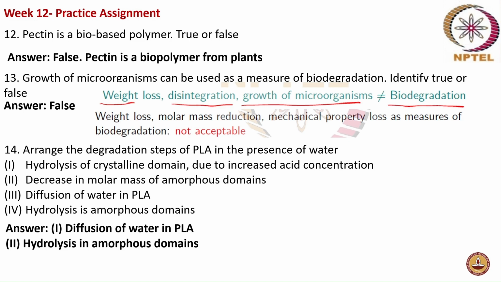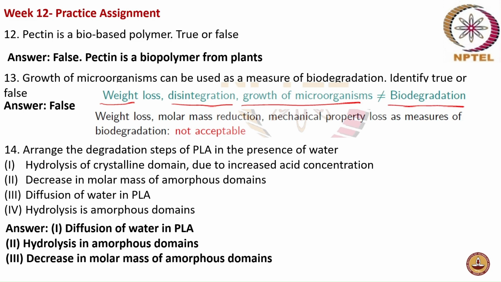So first, the easiest domain to attack, which can be altered easily, is your amorphous domain. So after water starts diffusing, the next step that takes place is the hydrolysis of the amorphous domain.